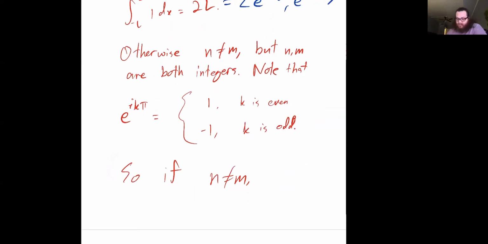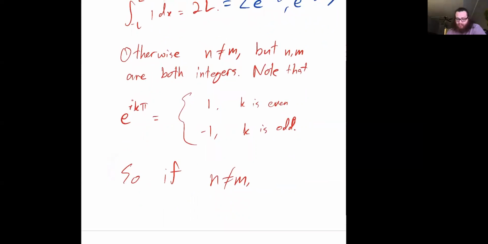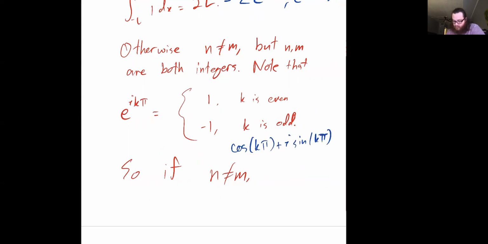How do we see this? Well, there are a few ways you could plug in. One way to see this might be to just explicitly write out cosine k pi plus i sine k pi. The sine part is always going to be 0 because sine of k pi is 0.